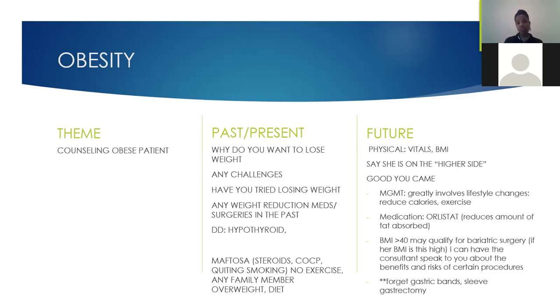Have you noticed any stretch marks, mostly around the stomach? Okay, so it's very important. So even though she's coming and she wants to lose weight, you have to check, because the gym is not going to help hypothyroidism.